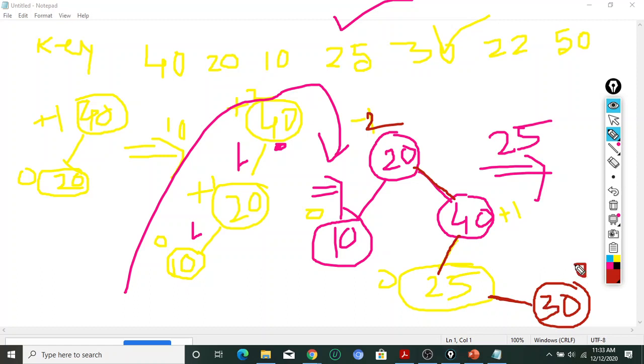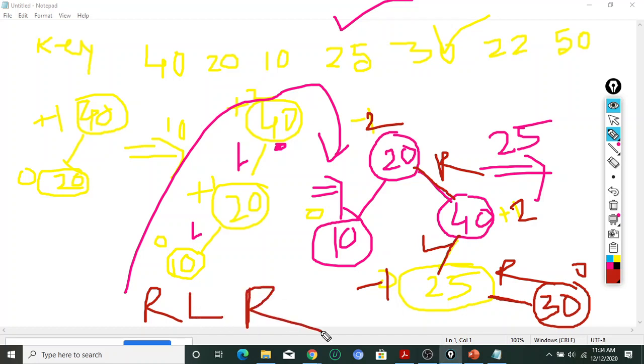This is 0 and this is the right child, so that means minus 1, and this is plus 2. So there are two imbalances. After adding 30, that is very interesting, we are getting two imbalances. Now what is the cause of the imbalance? This is right, then left, then right: R L R.